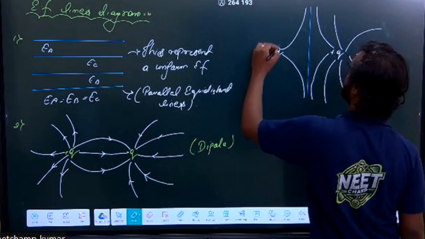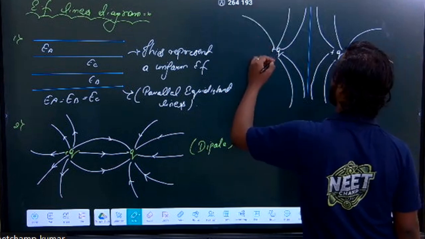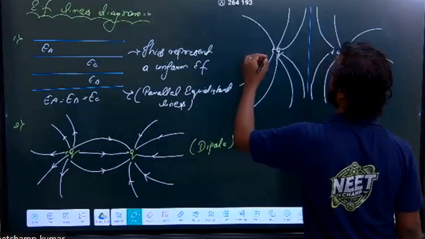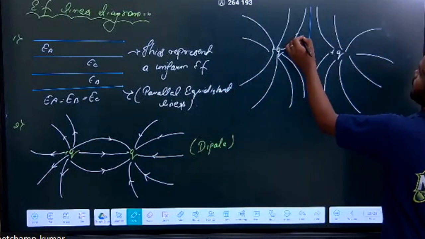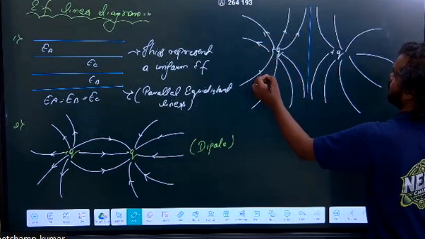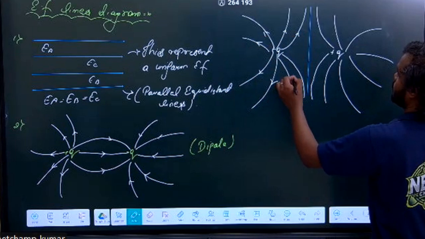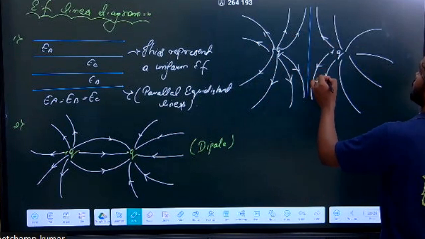Similarly here also, like this. It is not looking perfect, but it will be something like this only.